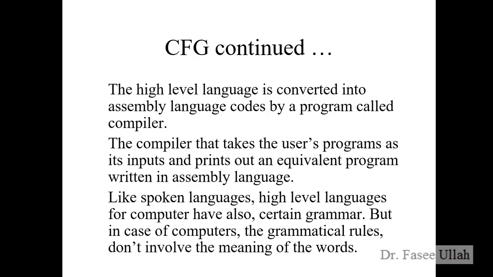That's why we usually do such activities using an editor and a compiler. The compiler takes the user program as input and prints out the equivalent program written in assembly language, okay. For example, we use the symbol plus. That plus does not have any meaning in the machine language, so the machine language will not understand it if the compiler converts it directly. So we have some built-in intelligence in C++ and other languages like MATLAB and Python.